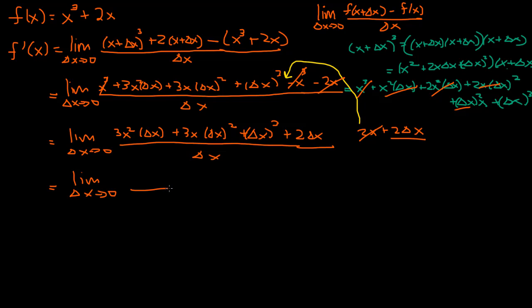Simplify and factor. So if I factor out a delta x, that's the only thing they all have in common. They don't all have an x in common, but they all have a delta x in common. I'm left with 3x squared plus 3x times delta x plus delta x squared plus 2, all over delta x. So now those delta x's are going to divide out.